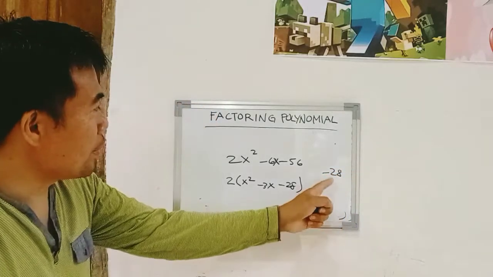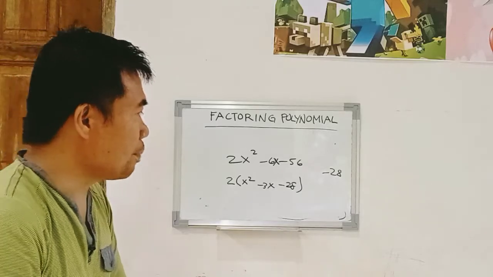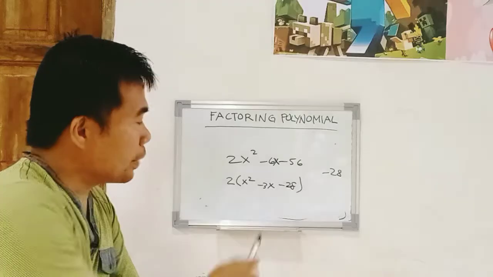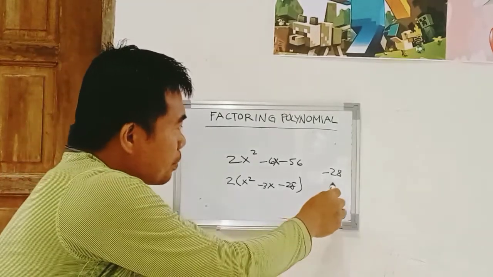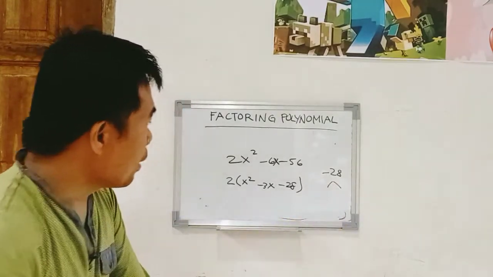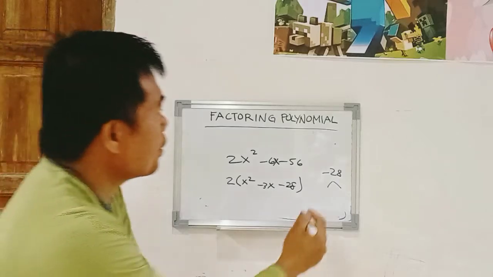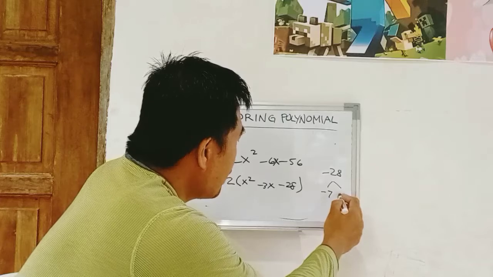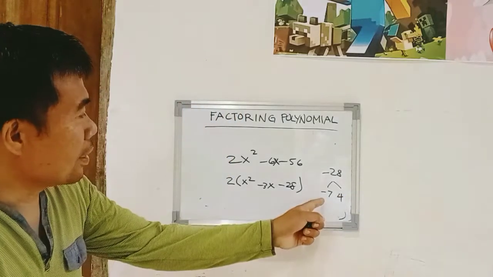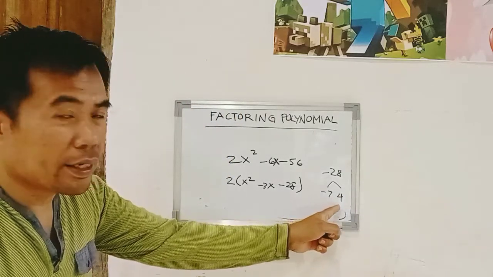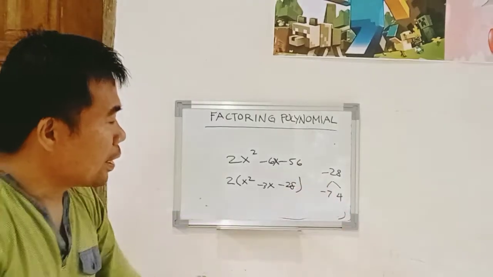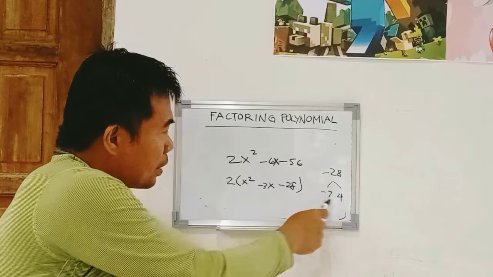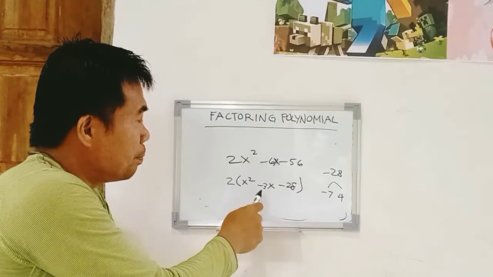The factors of negative 28 that give a total of negative 3x could be negative 7 and positive 4, since negative 7 times 4 is negative 28, and if we add negative 7 plus 4, this results in negative 3.